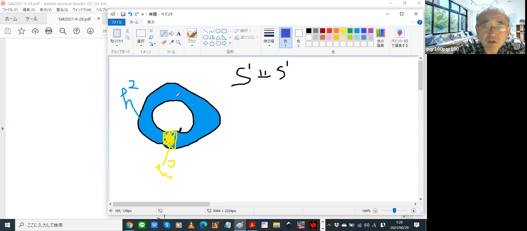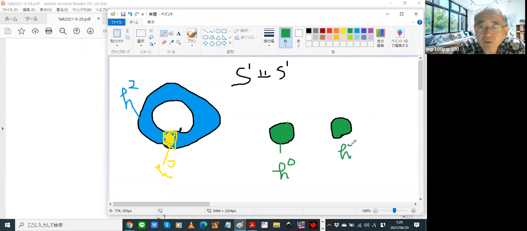But if there is such one, two circles bounds. Zero handle and zero handle.